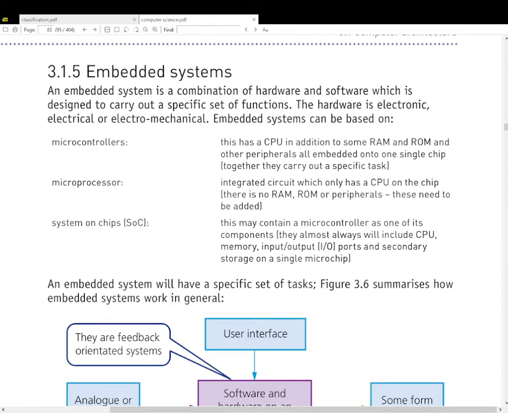it is a special kind of chip that consists of several items mounted together to bring that element of a computer into a small device. So in this context, it may contain a microcontroller as one of its components, and it always will include a CPU, memory, input and output ports, and secondary storage, which are bundled together on a single device.